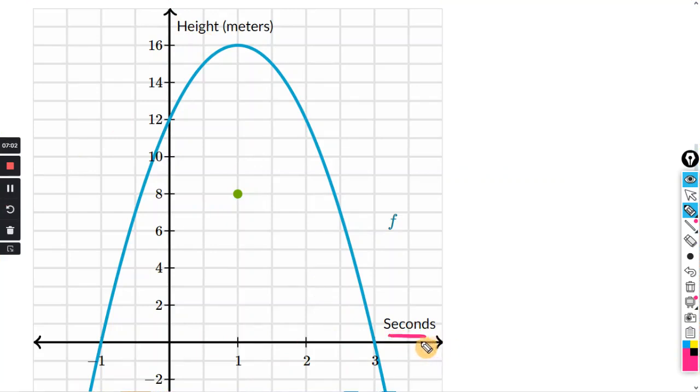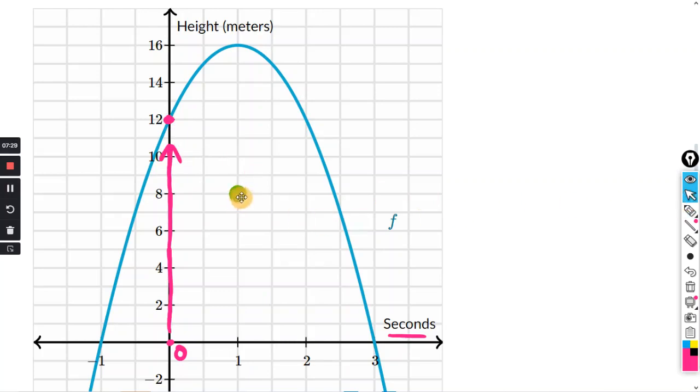So if we trace this to the 0 on the x-axis, that is right here. That's 0. Okay, but we said we wanted to put the point on the graph. So at x equals 0, we want to trace that to the graph. At x equals 0, that's going to be right there.